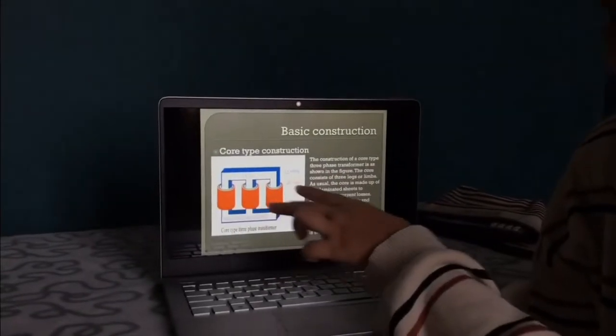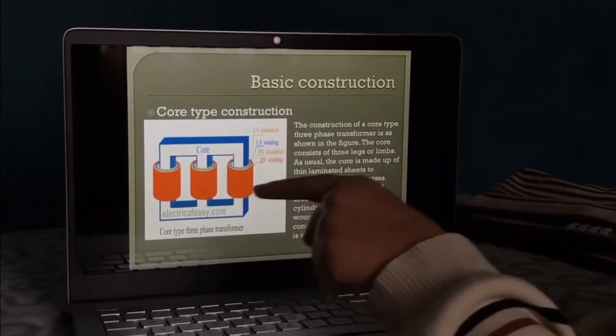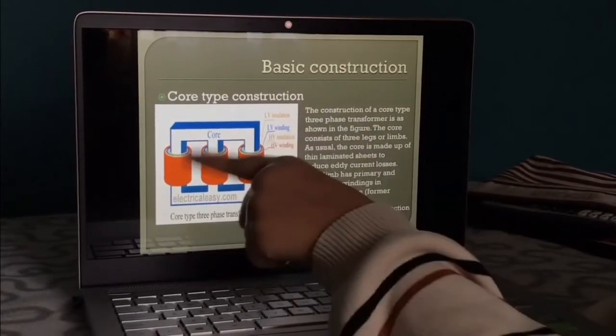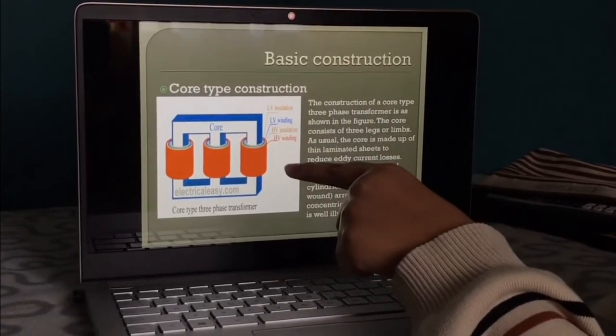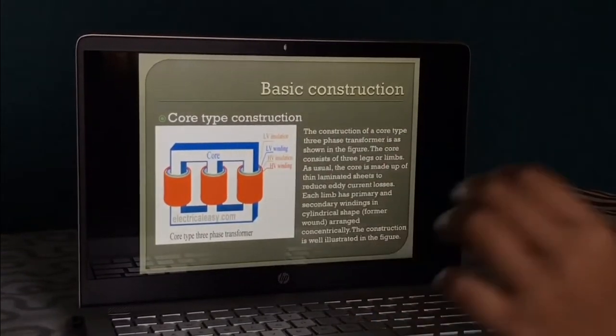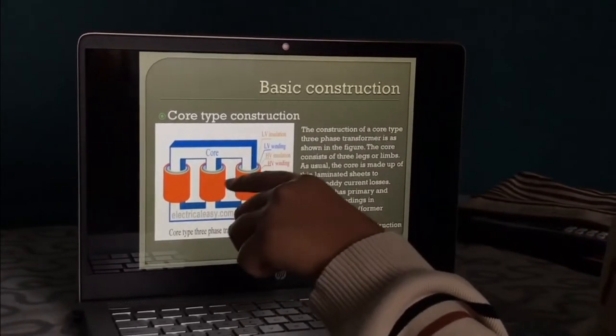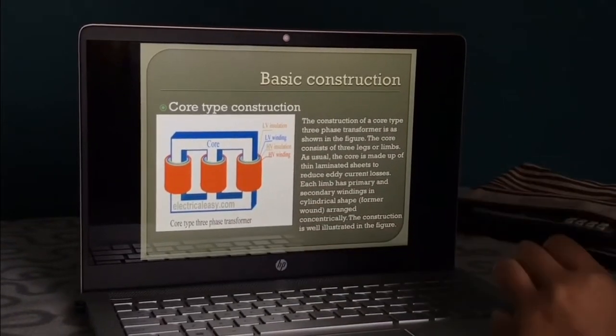There are three legs, or limbs. As usual, the core is made up of thin laminated sheets because it is meant to reduce eddy current.